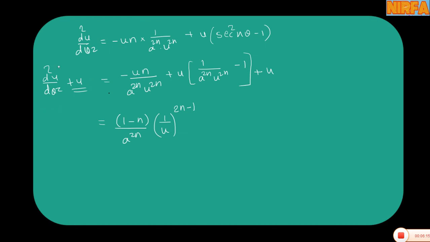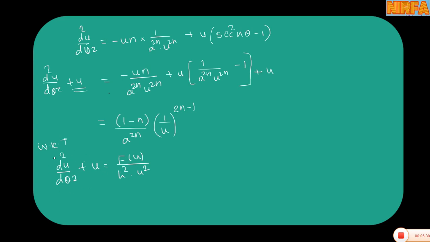Why are we finding this left side, d2u by d theta square plus u? Because we know that d2u by d theta square plus u is equal to f of u upon h square into u square, where h is a constant.